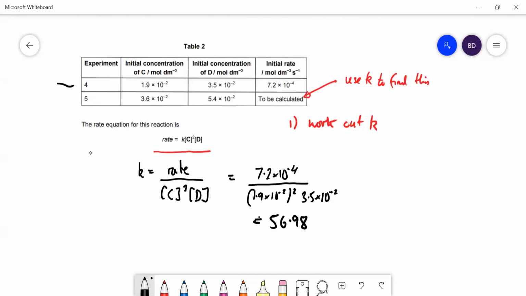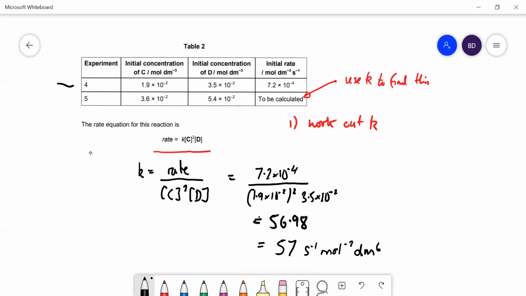They're only given to two significant figures, so we should call that 57. And the units, well, overall, we can see it's a third order reaction. So as we said earlier, the units are seconds to the -1, moles to the -2, dm to the 6. That would be the answer there.